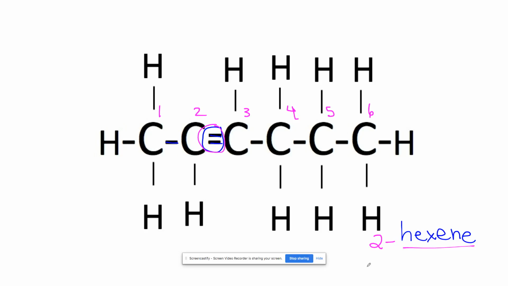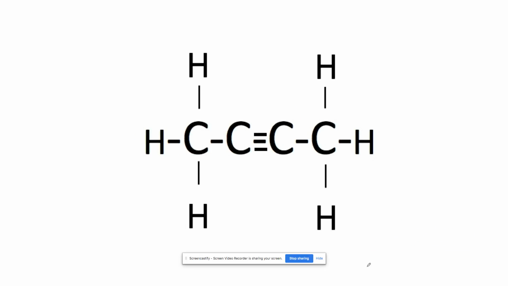Okay? The last kind of hydrocarbon is called an alkyne. Notice a triple bond here. That's 3 bonds between those carbons. Carbon always has 4 total, 1, 2, 3, 4, 1, 2, 3, 4. But instead of having 4 different items, they're only bonded to 2 different items.